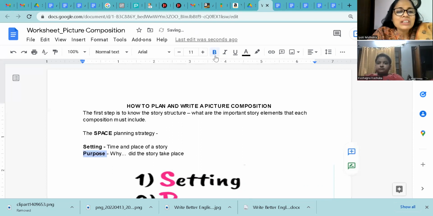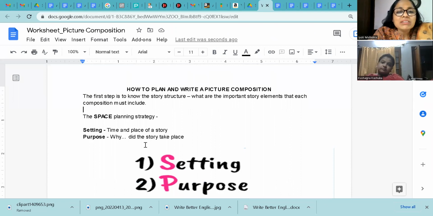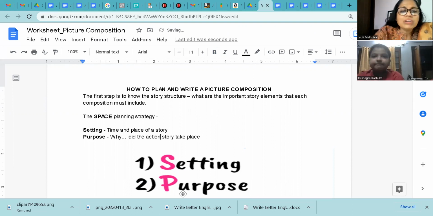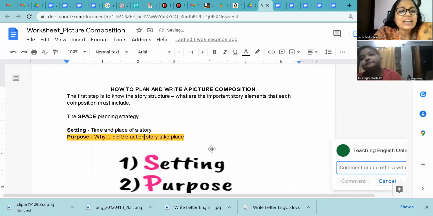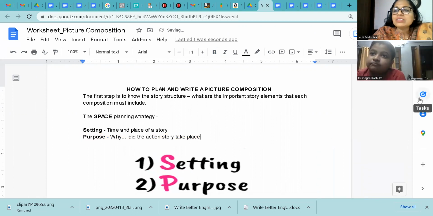Purpose tells you why. So try and explore the reason why the action happened. You can even say the action of the story takes place. So this is the second point you need to keep in mind.